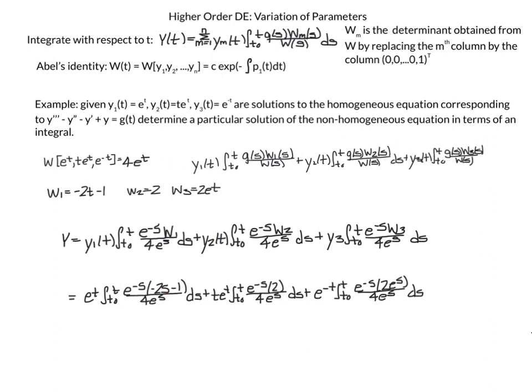My y2 is t e to the t times the integral of e to the s, my W2 is 2, and then my Wronskian is 4 e to the s on the bottom. And finally, I have y3, which is e to the minus t, the integral of e to the minus s, my W3 is 2 e to the s all over the Wronskian 4 e to the s. And it asks for this in terms of an integral, so this is where I can leave my answer.